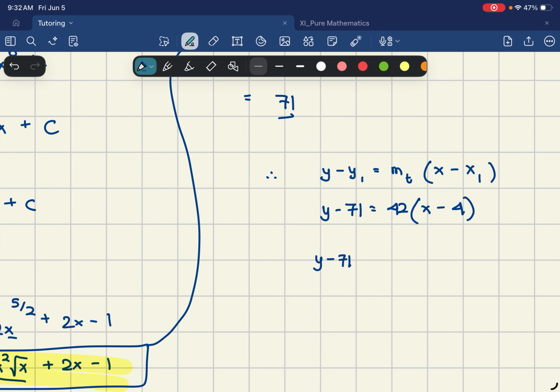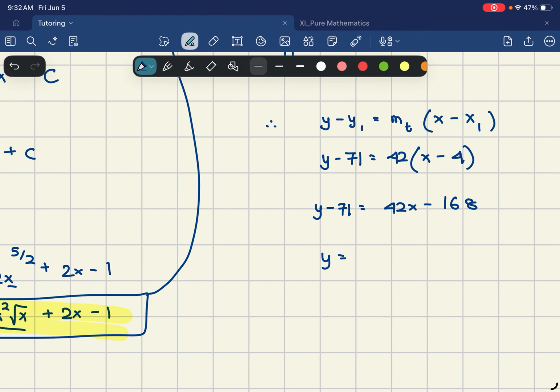So y minus 71 is equal to 42x minus 168, I believe. And finally, y is going to be 42x minus 168 plus 71. Negative 168 plus 71 is negative 97. So your equation is y equals 42x minus 97.